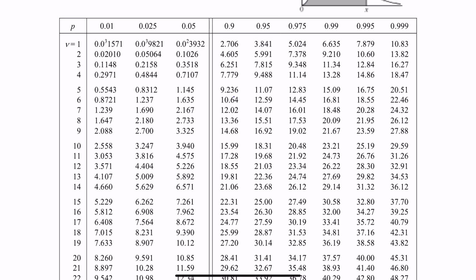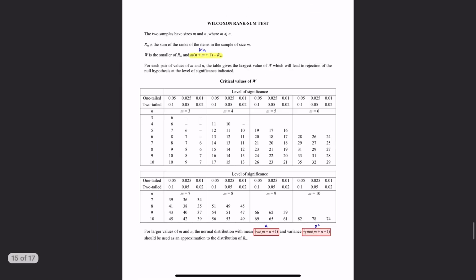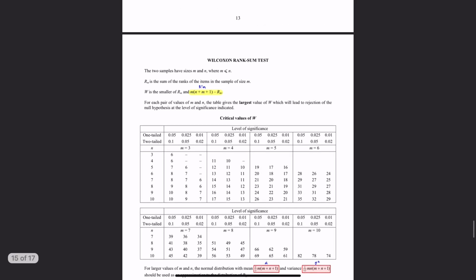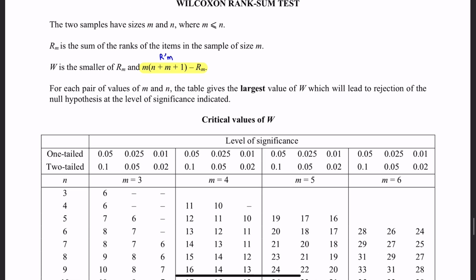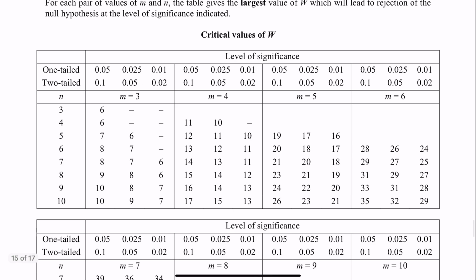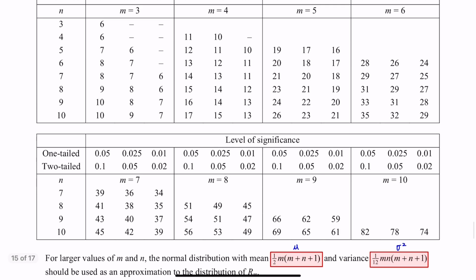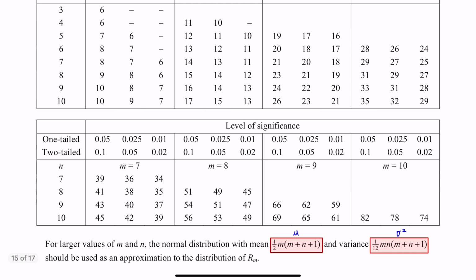So now we refer to the formula booklet. Let's find the rank sum test. Yes. So for critical values of W, we have m equals n equals 8, which means m equals 8 and n equals 8 as well.